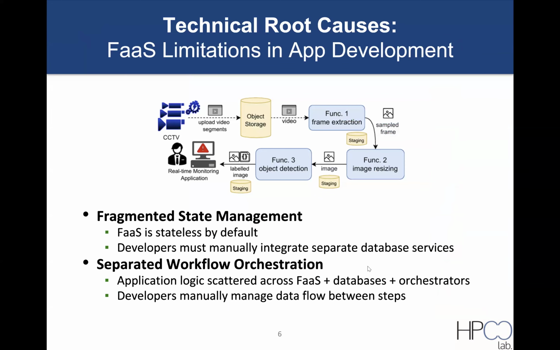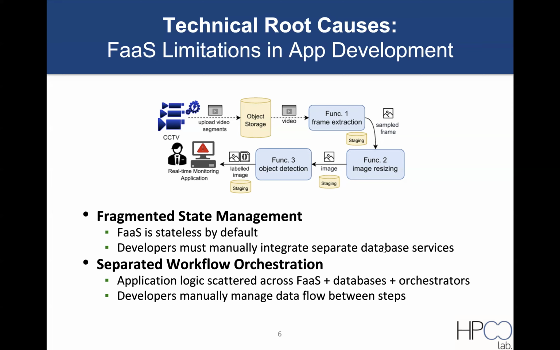The technical root cause is, as I mentioned, that the state is really fragmented. If you have multiple functions, since functions cannot share state, we need to stage the data for each function and then put the state in storage.